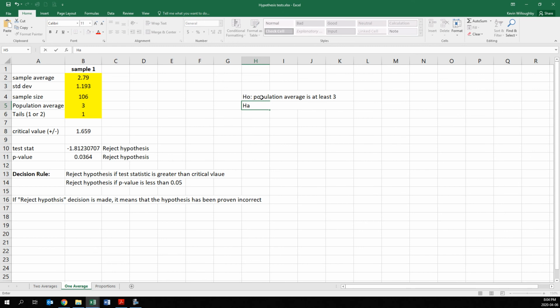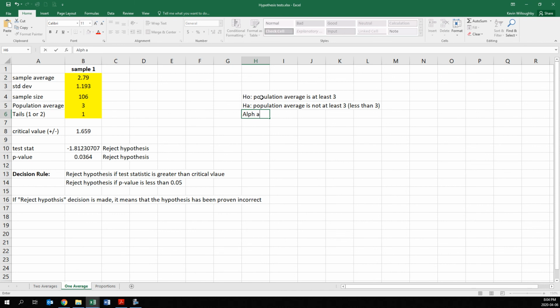The alternate hypothesis is the opposite: the population average is not at least 3, basically meaning that it is less than 3. If you remember from statistics, which I hope you do, there's various symbols we could use in that, but for what we're doing in this course, this is sufficient. Keep in mind that the alternate and the null hypotheses are always opposite of each other.